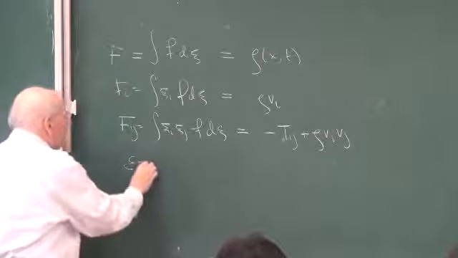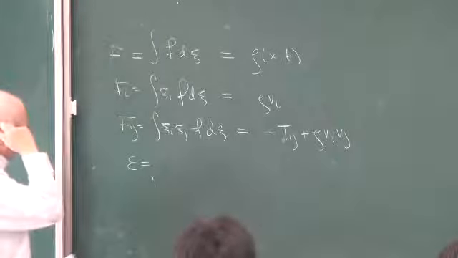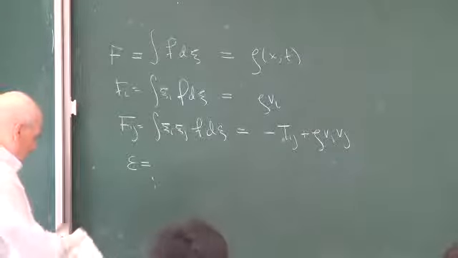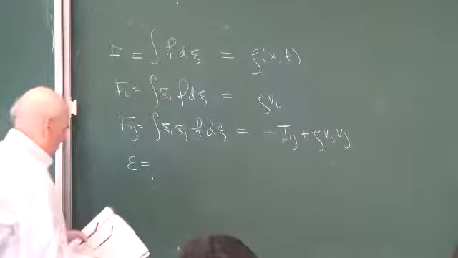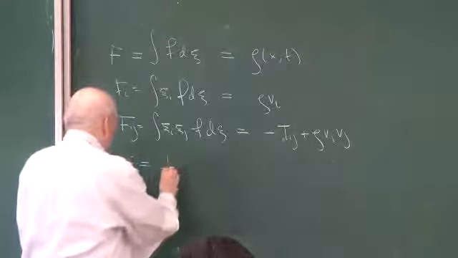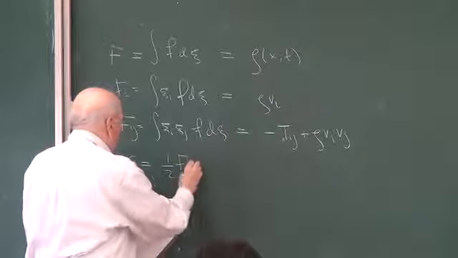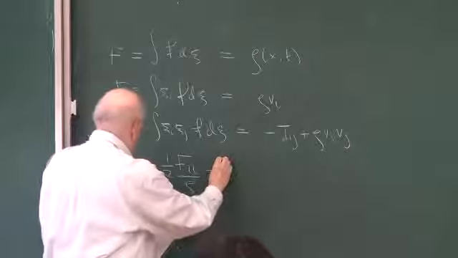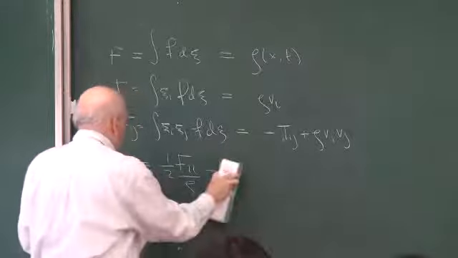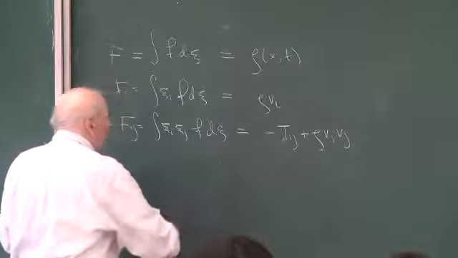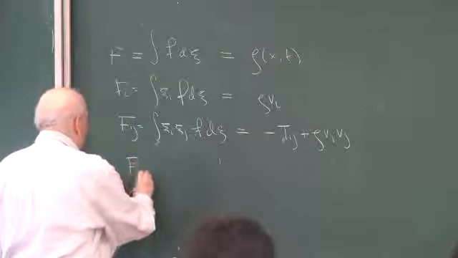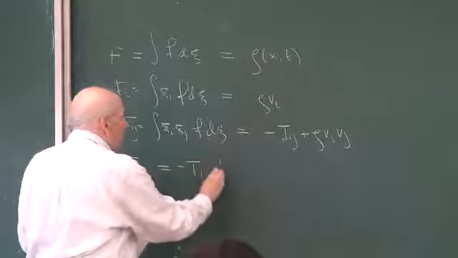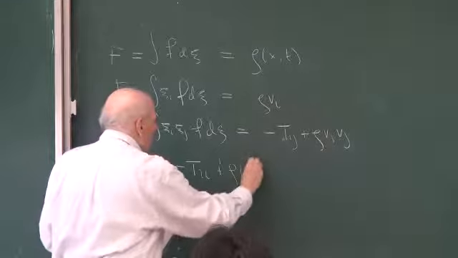Okay, and two more. So the next one is taking the trace here. So that's 1/2 F_ii divided by rho minus 1. Let's do it in reverse. Let's take the trace here. So the trace is F_ii, right? Which is minus T_ii plus rho v squared.